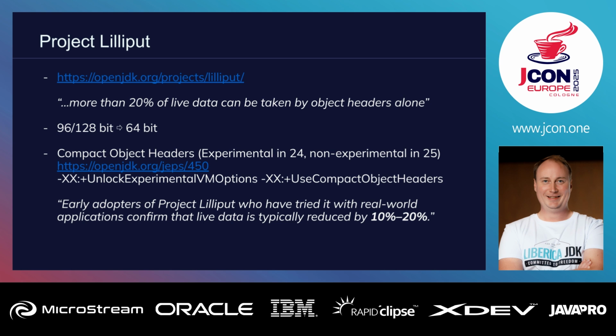So if you have an object, just an object of class Object, you will spend up to 128 bits on JDK 21 to have that meta information for the empty object, which contains 0 bytes. Oh, sorry, not bytes, bits. That's a lot.